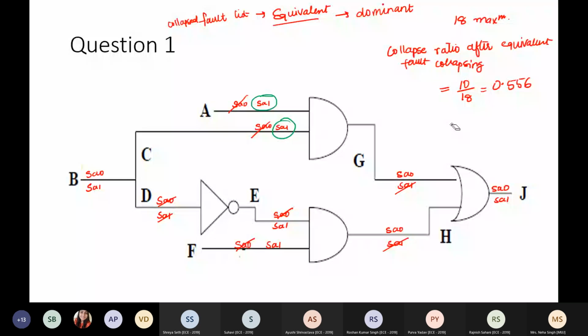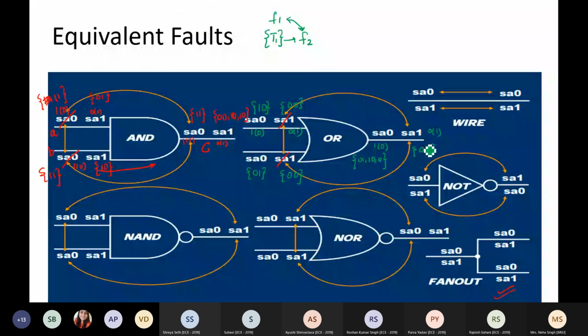So if I look at the test patterns and compare them, 0 0 detects the stuck at 1 faults at the inputs as well as the stuck at 1 fault at the output. Therefore, to reduce the number of faults, I will eliminate the faults at the inputs, because the same test pattern can be used to detect this fault at the output. So by default, that test pattern will detect these two as well.